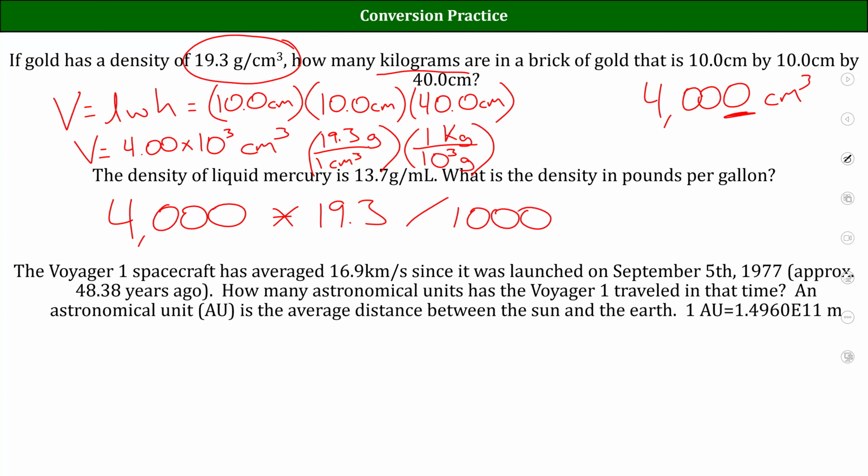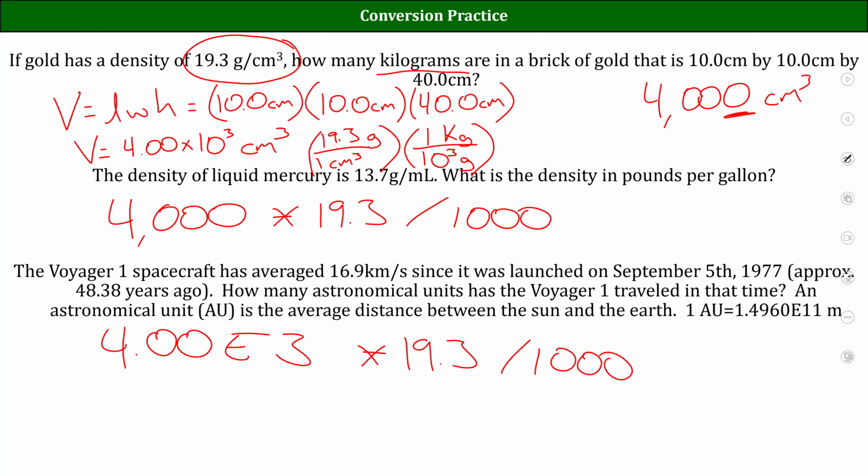And so this is what I would enter into my calculator with the way I would actually type it out. If you wanted to type it out the full way using scientific notation, you can use that 4.00 e to the 3 times 19.3 over 1,000 or over 10 to the third.